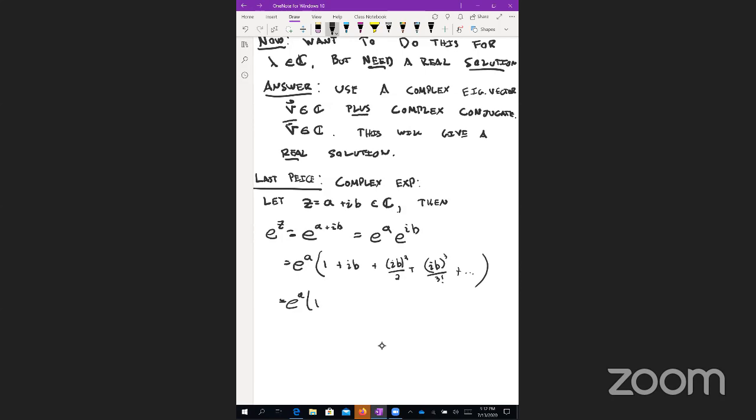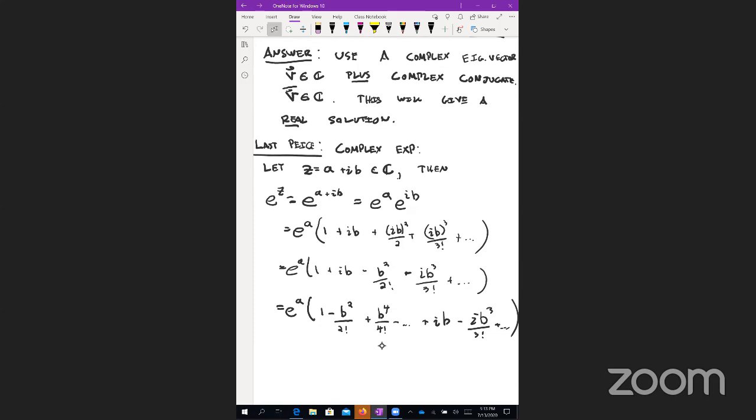We get e to the a, 1 plus ib minus b squared over 2 factorial minus ib cubed over 3 factorial plus, etc. And if we rearrange these so that we have 2 power series, 1 minus b squared over 2 factorial plus b to the 4th over 4 factorial, plus i times b minus b cubed over 3 factorial plus, etc.